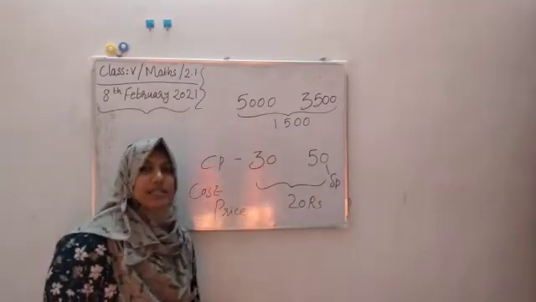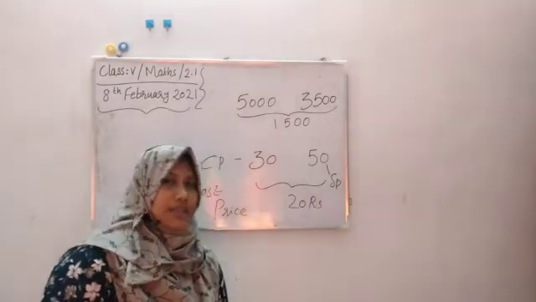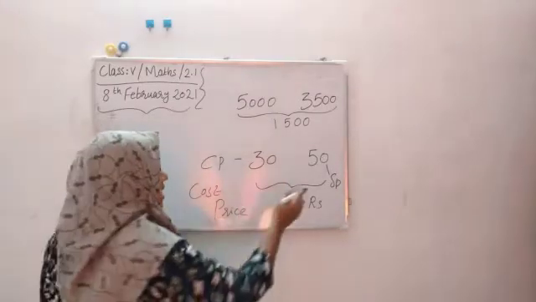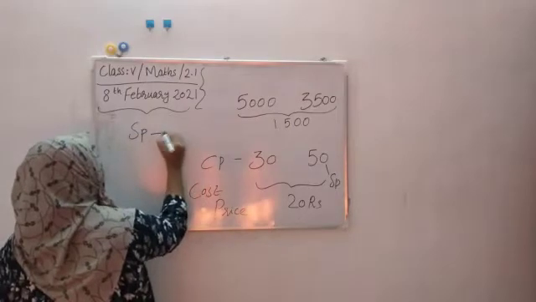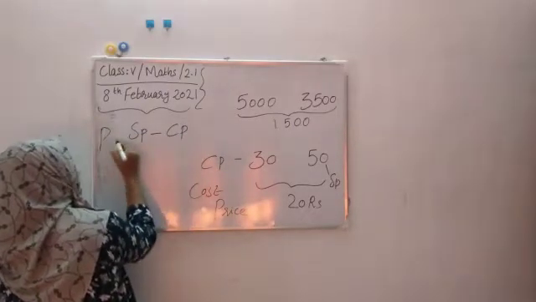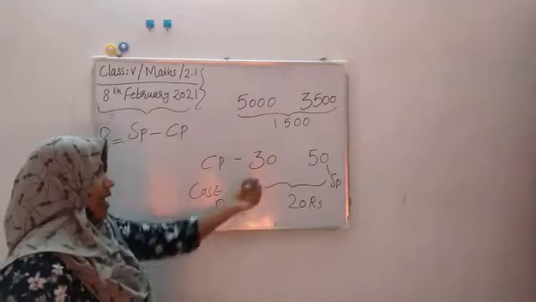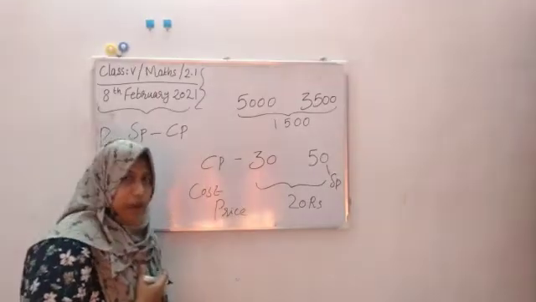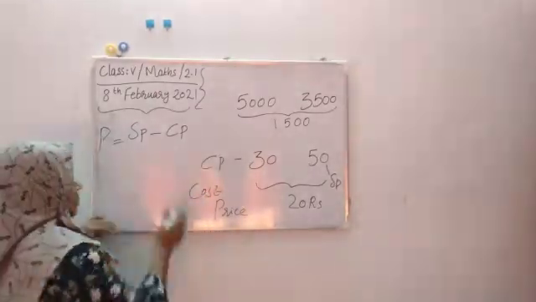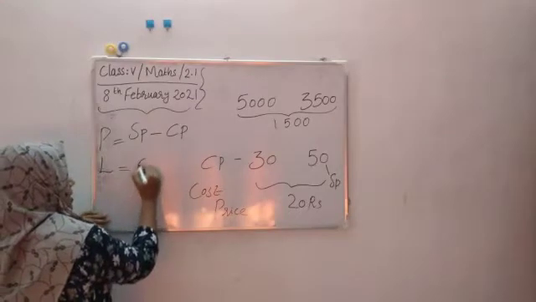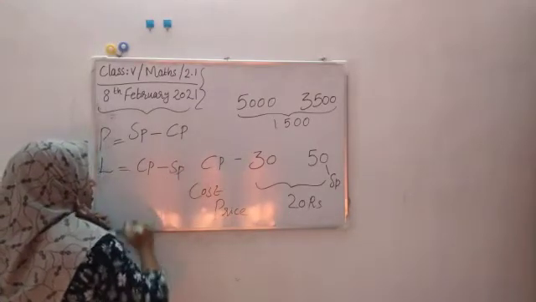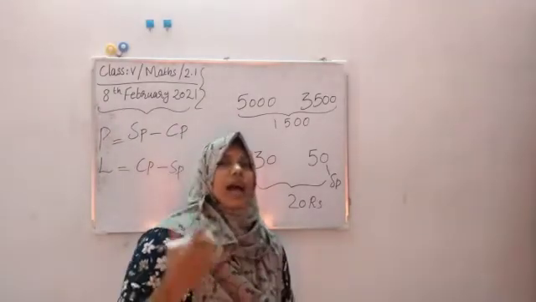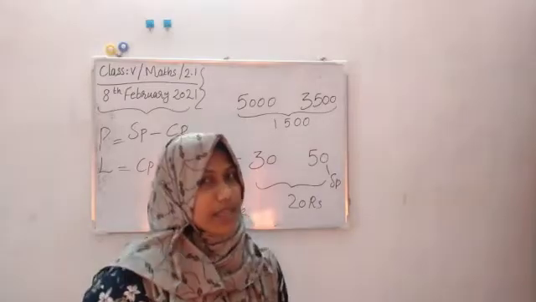And you know, a profit is, yes, SP minus CP. It is the profit because SP is greater than CP. At that time we get a profit. And you can also explain loss as CP minus SP. When cost price is greater than selling price, it's called loss, is it?